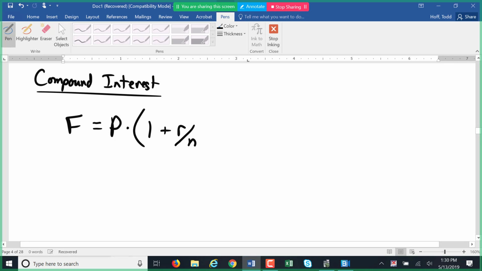It's technically rate divided by n, where n is the number of periods in a year, to the power of n times t, that's the number of periods. So if it's compounded monthly, n is 12. If it's compounded quarterly, n is 4, because that's 4 times per year, and so on.